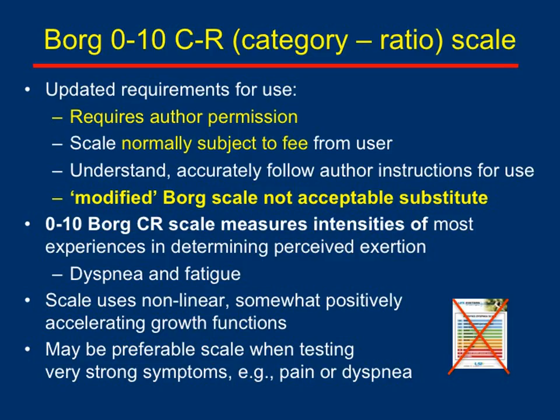The scale normally is subject to a fee from the user, so you have to go on the website and find out about that and determine what level the fee would be. I understand that many of you have accessed this from perhaps a CVPR or ATS in the past, but this is a change, and he's the author, and he's copyrighted it, so it's something important to be aware of.